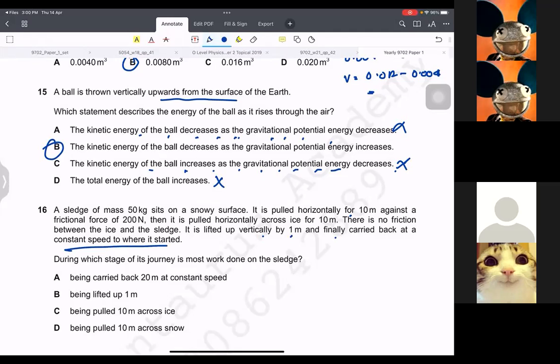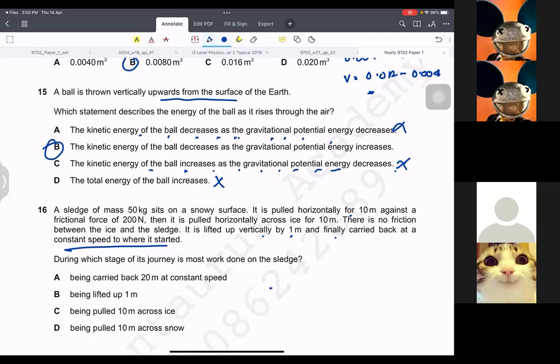During which stage of its journey is most work done on the sledge? Of course, when most work done is right.